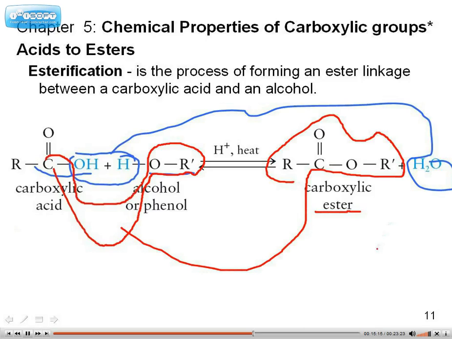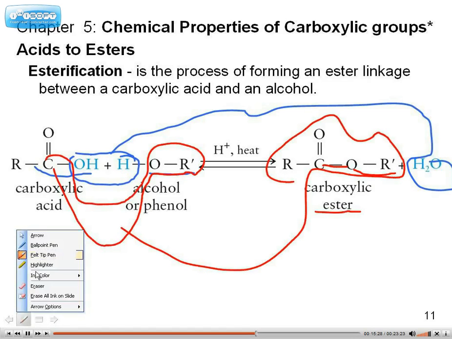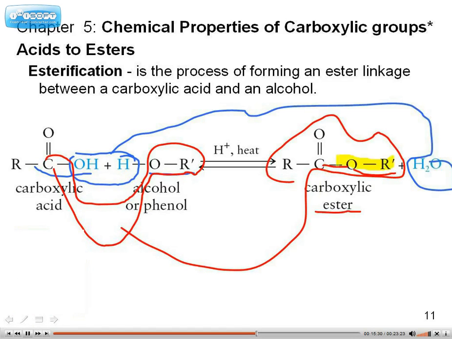So this is a carboxylic ester. The brand new carbon, oxygen, and then carbon is now called an ester linkage. An ester linkage. So this right here is called an ester linkage.